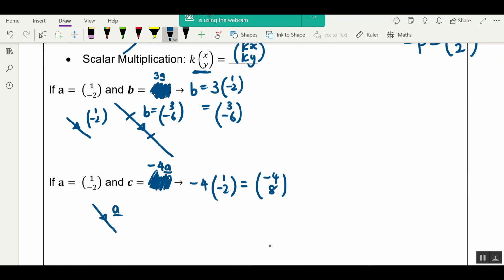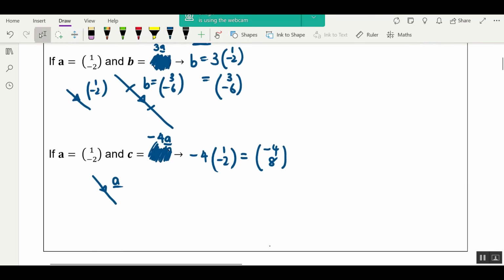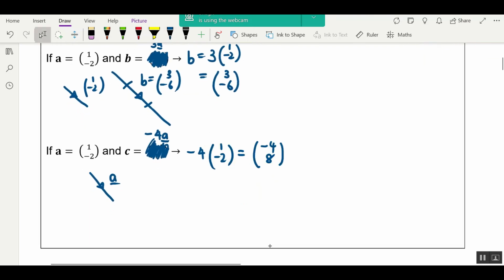What does negative 4A mean? Number one, the magnitude of C is 4 times the length of A. But it is pointing in the opposite direction. Anything with a negative means it's in the opposite direction. So there are 4 times the length of A, but pointing in the opposite direction, negative 4A.